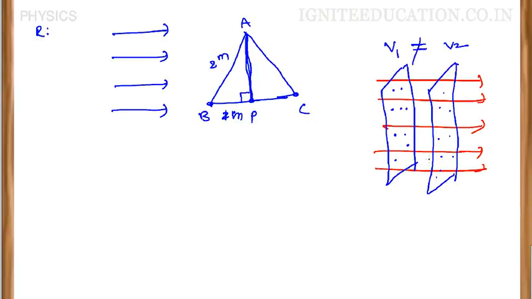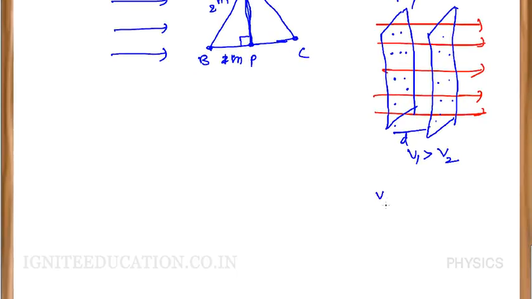And one more concept is there. While you are calculating potential in the direction of the field, these two equipotential surfaces are not equal, and V1 is greater than V2. Why? Because when you are moving in the direction of the field, the potential is going to be decreasing. So V1 is greater than V2, and these two are separated by a distance d.